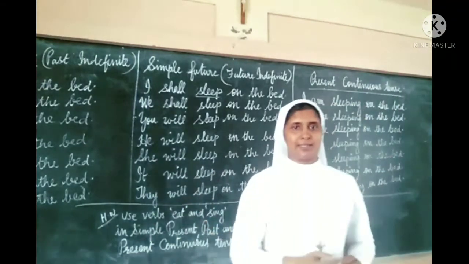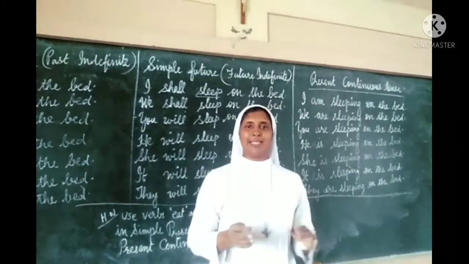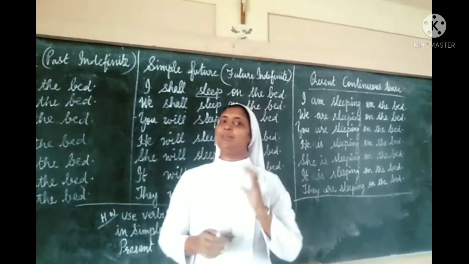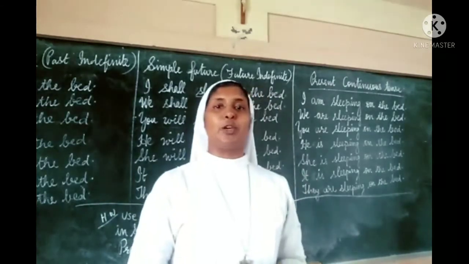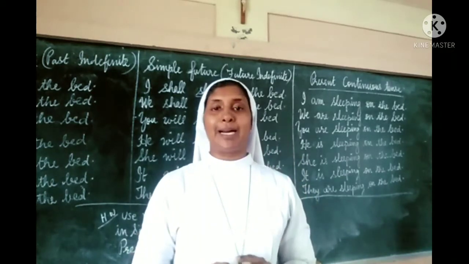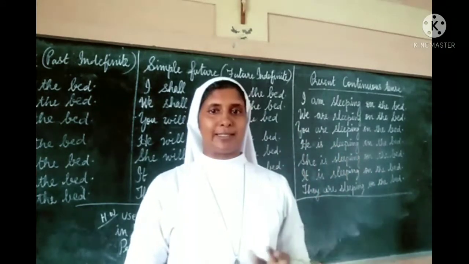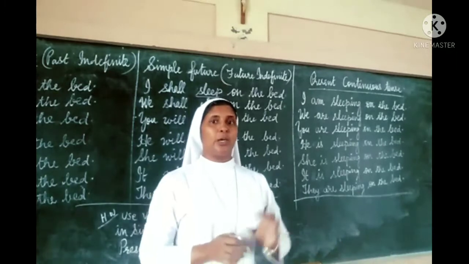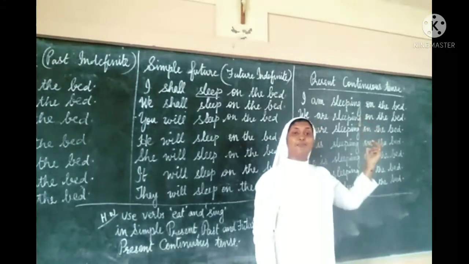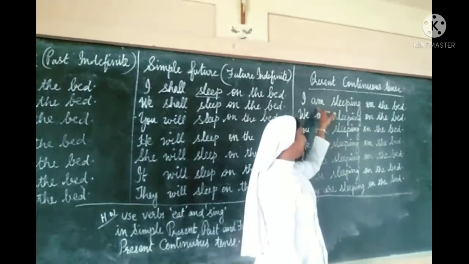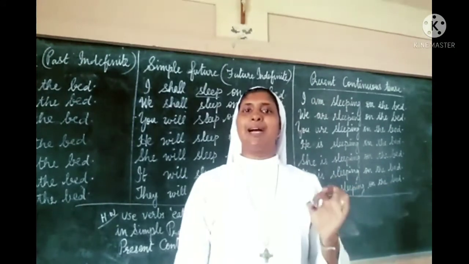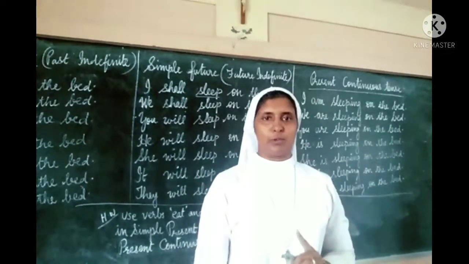Any continuous tense will always have the ing form of verbs, and whenever there is the ing form of verb, we always have helping verbs. So you have to keep these two things in mind when we write continuous tenses: helping verbs go along with them according to the number and the person of the pronouns.